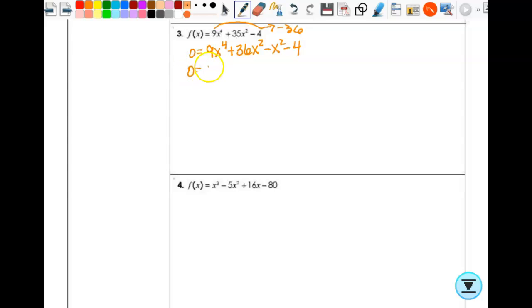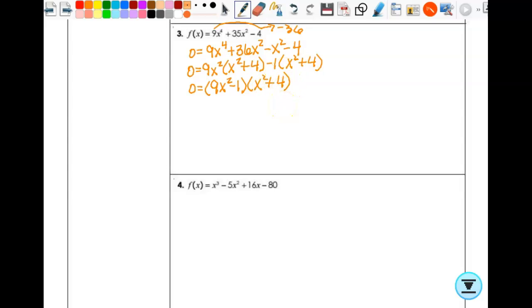Then I'm going to factor. So 9x squared times x squared plus 4 and minus 1 times x squared plus 4, which gives me 9x squared minus 1 times x squared plus 4.